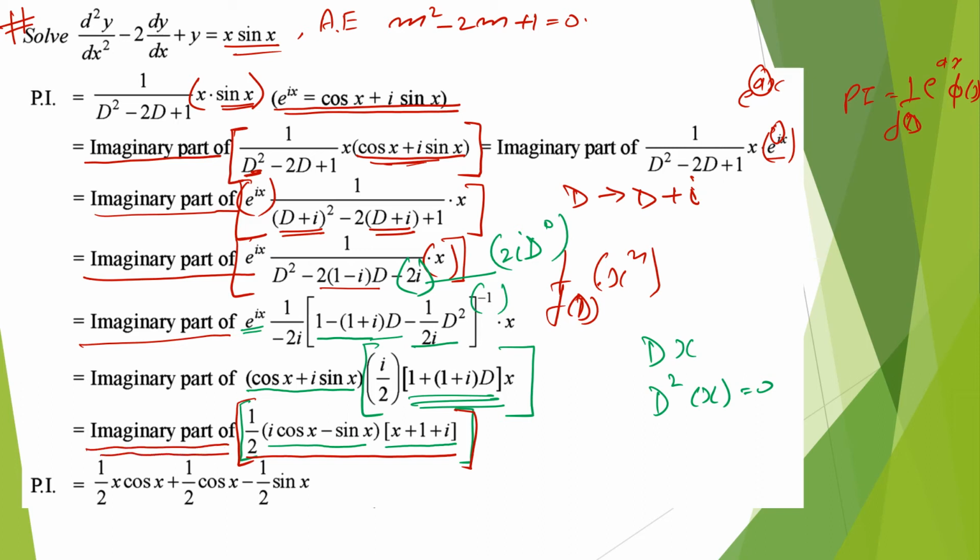We just take the imaginary part, that is the solution. So the imaginary part is 1 by 2 x cos x plus 1 by 2 cos x minus 1 by 2 sin x. We forget the real part. So this is the PI for the given question, only the imaginary part.